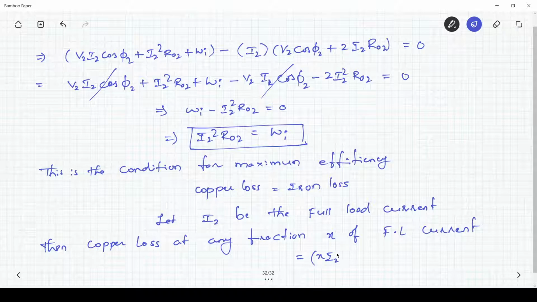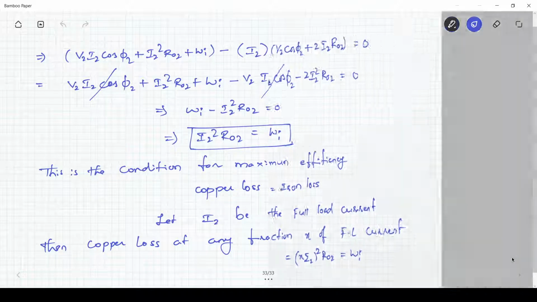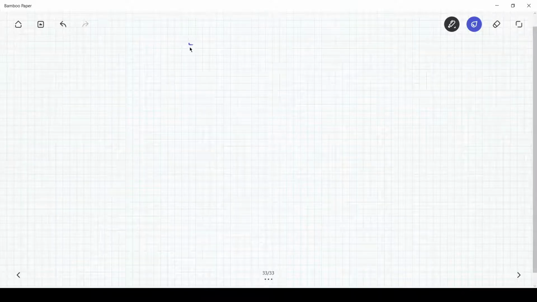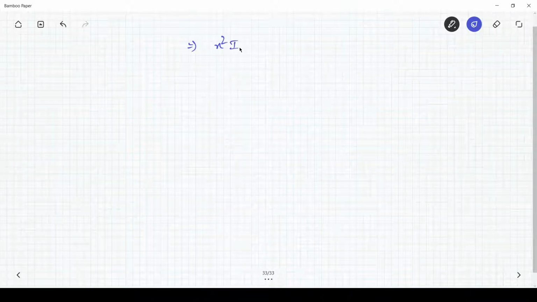Then it will become x I2 whole square into R02 equal to iron losses. That implies x square I2 square R02 equals iron losses.